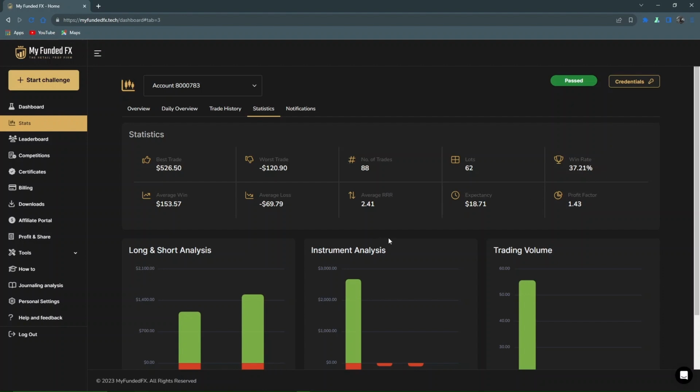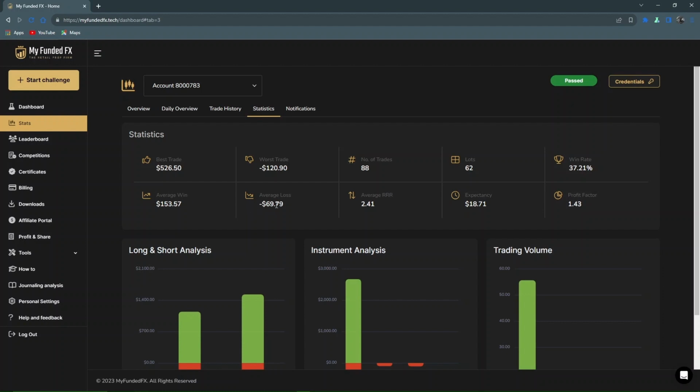The one that I focused on most was average RRR, risk to reward. That was what I've been focusing on, because if I'm going to be profitable, it has to be here. How I manage my risk, risking one to make how many. In here I'm making 2 of what I'm risking, 2.4 of what I'm risking. So I like that one. You can see the average win, which is 153.